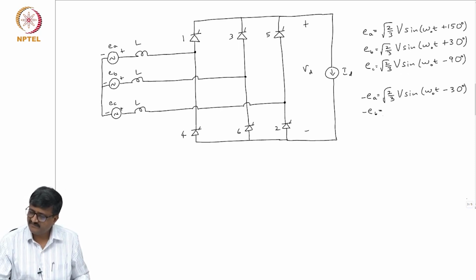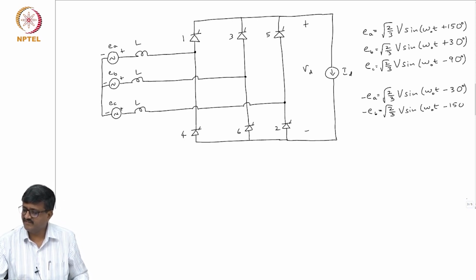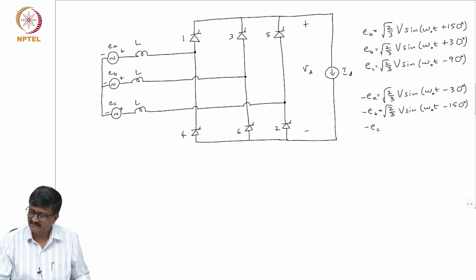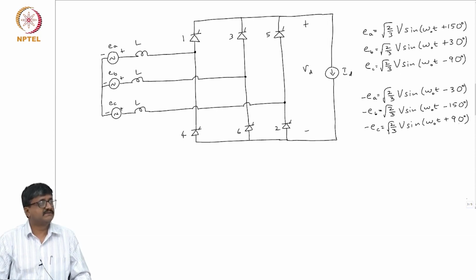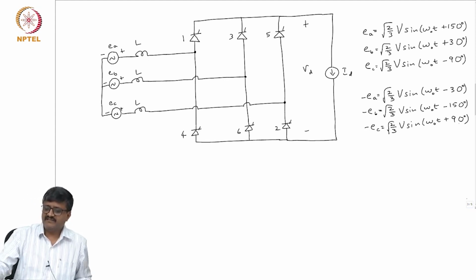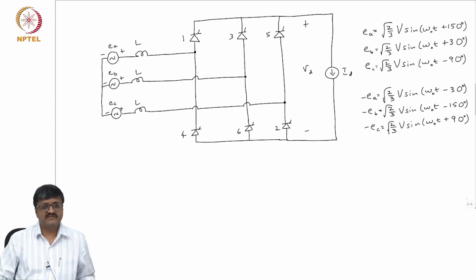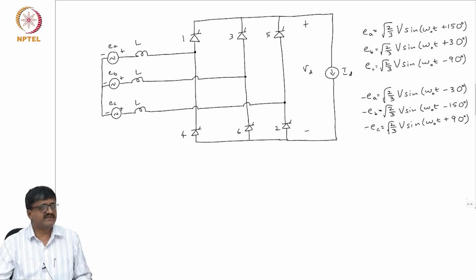Minus EB is root 2 by 3 V sin omega OT minus 150 degrees. Minus EC is root 2 by 3 V sin omega OT plus 90 degrees. So, you see that EA, EB, EC, minus EA, minus EB, minus EC all have the same RMS value, and they are 60 degrees apart.